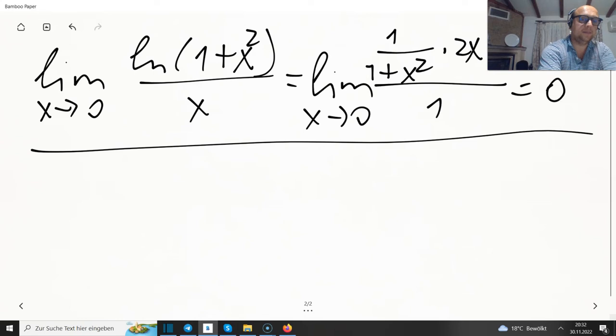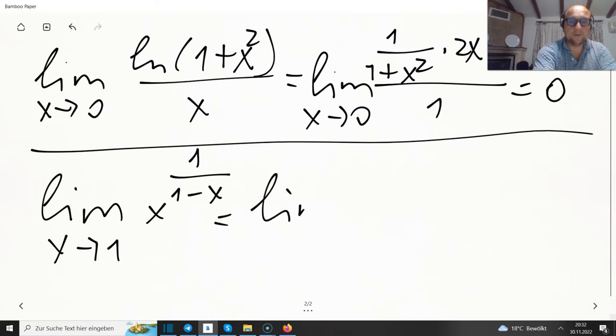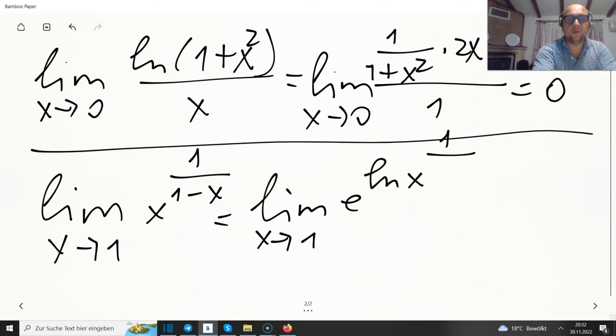What about the limit x towards 0 of x to the power of 1 divided over 1 minus x? Once again, we start doing the same. This is e to the power of ln of x to the power of 1 divided by 1 minus x.